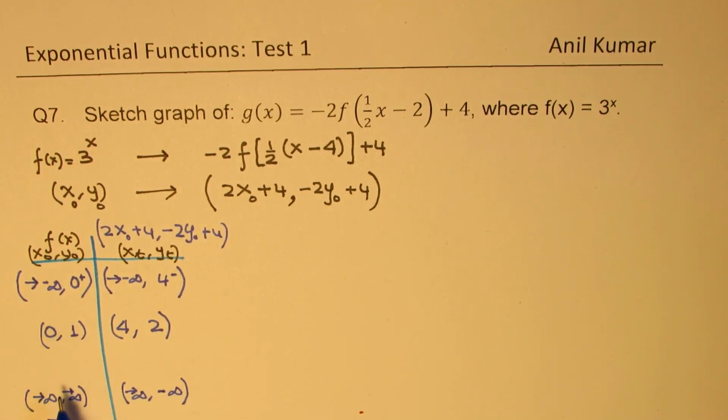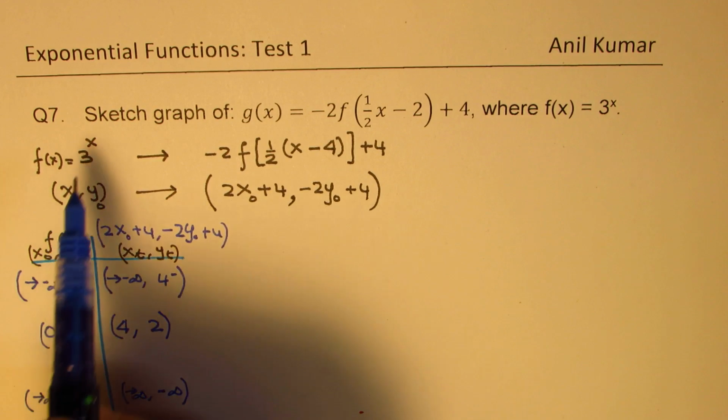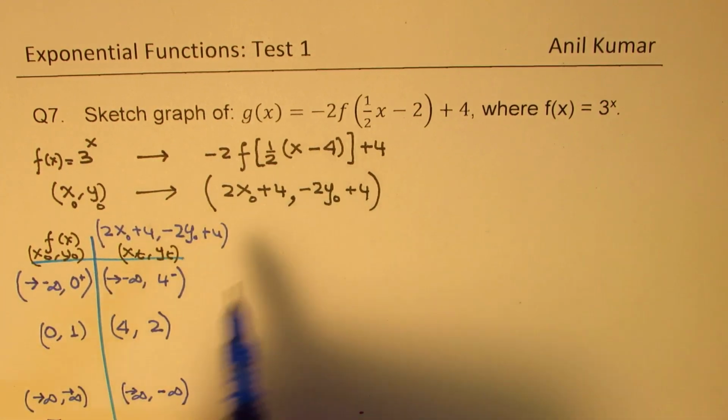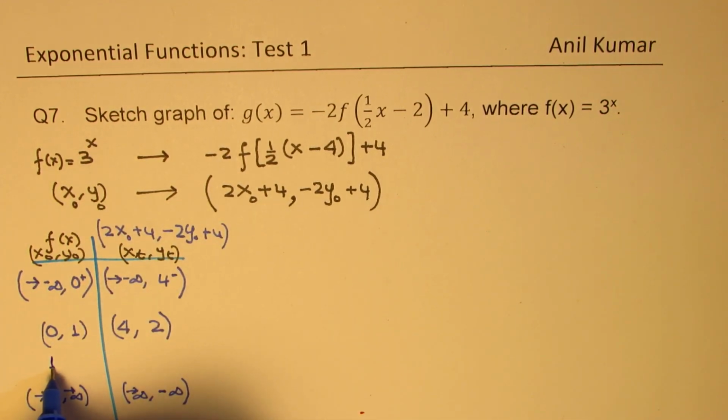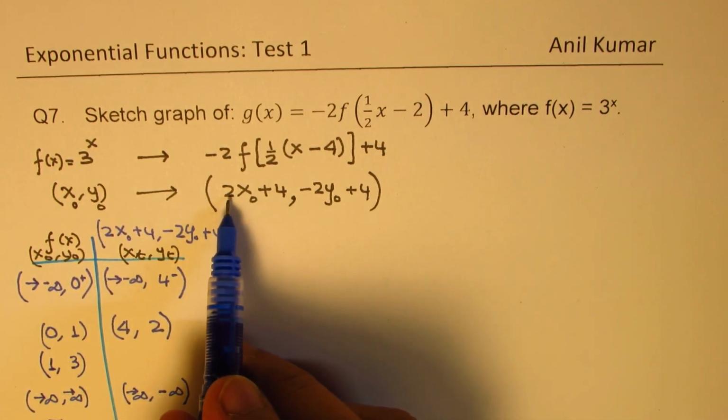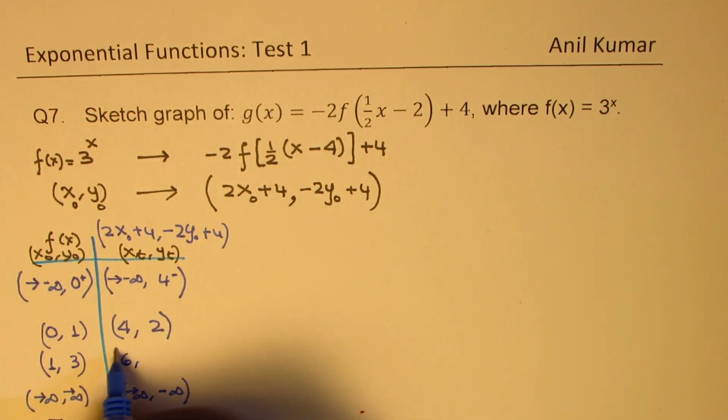We could take two more points related to the value of x as 1 and minus 1, right? If I take 1 as the x value, 3 to the power of 1 is 3. On this side, 1 times 2 is 2 and plus 4 is 6.